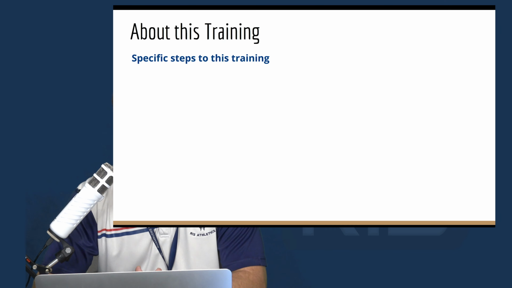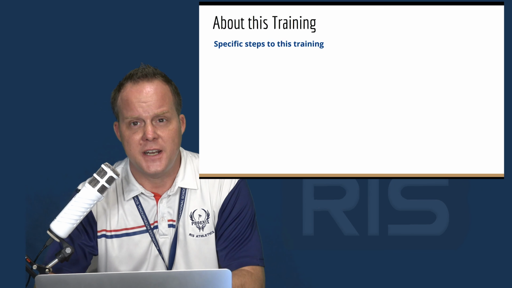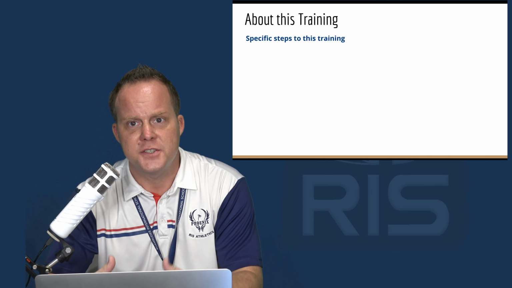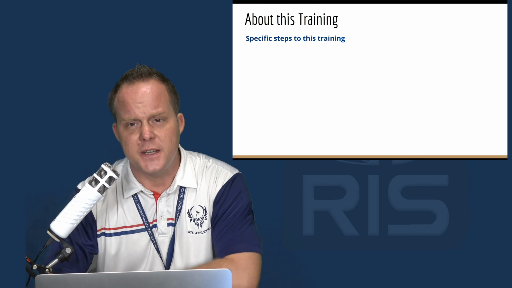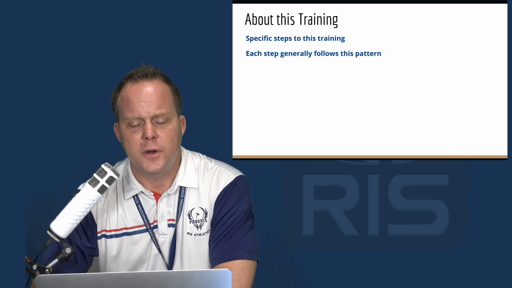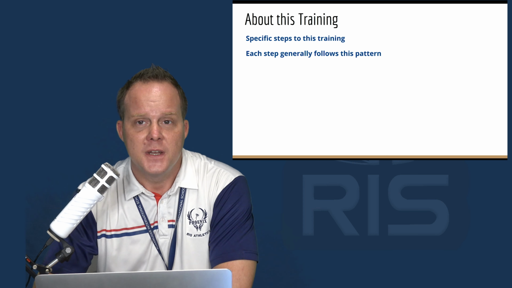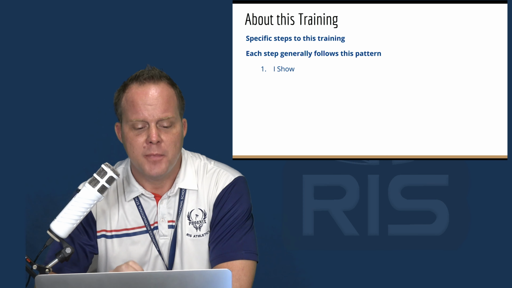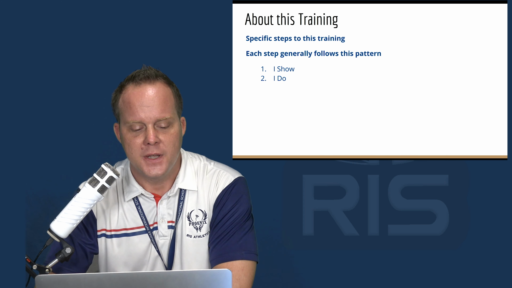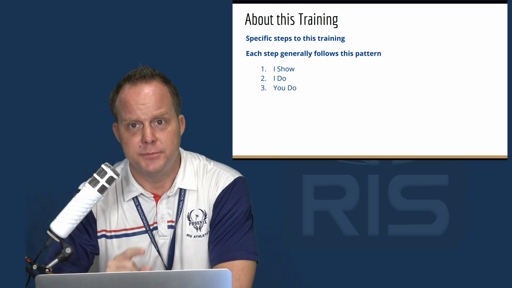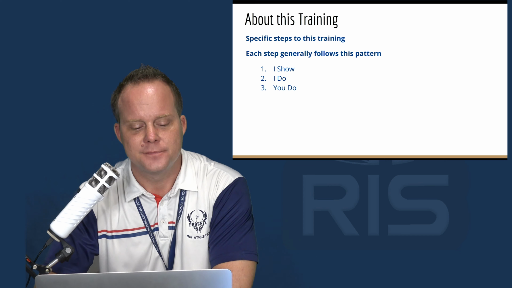Here's a little background on how we're going to run our training in this video. We're going to take a look at specific steps to help us create our digital portfolio and publish it so that others can see it. For each step we're going to follow a general pattern: I show what we're going to do, then I do it, then you, as the audience, do what I just showed and did.